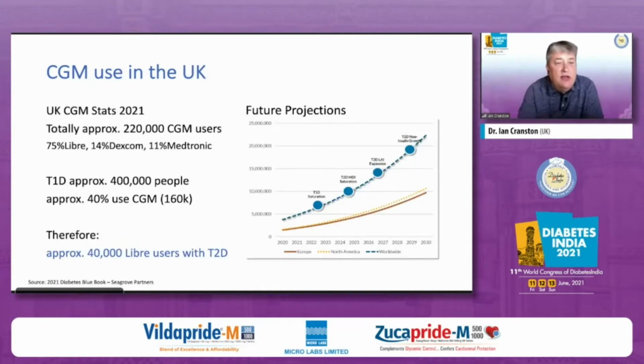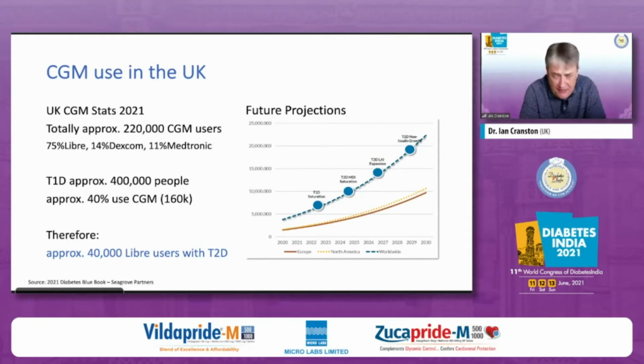With that in mind, it's not surprising that we've seen this dramatic growth in the use of CGM. This is almost certainly an out-of-date slide now because it's almost impossible to keep an in-date slide around CGM use, and I apologize that it's very UK focused.